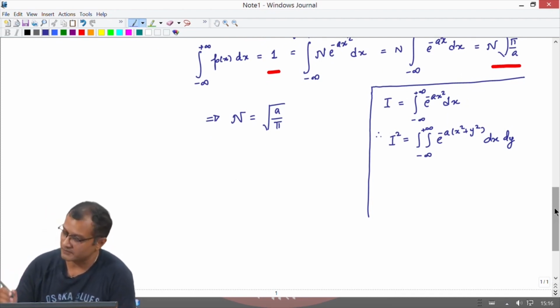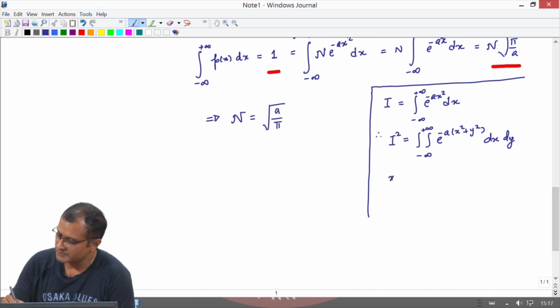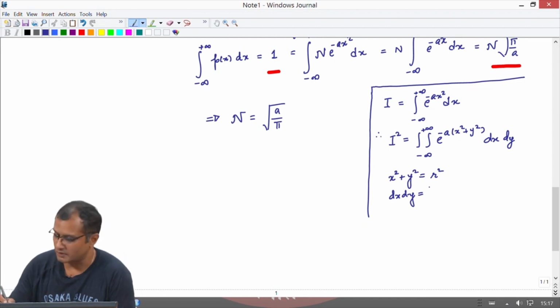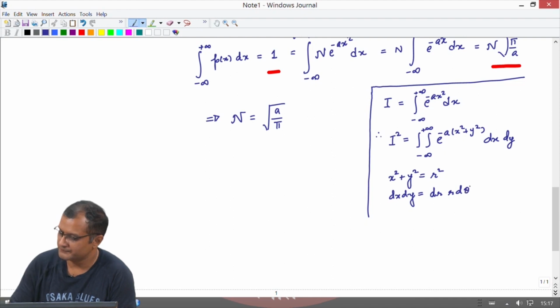Okay. Because I can change the integration variable from x to y, that amounts to squaring the integral. If I simply make the substitution into polar coordinates, with the area element dx dy becoming dr into r d theta, then my integral I square simply becomes the integral theta going from 0 to 2 pi, integral r going from 0 to infinity, e raised to minus a r square r dr d theta.